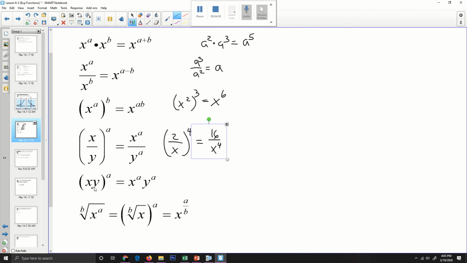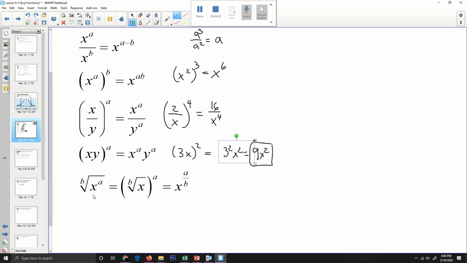And then this is the one that a lot of people tend to miss. If I had 3x quantity squared, then I would go 3 squared x squared, which would be 9x squared as my final answer for that one.